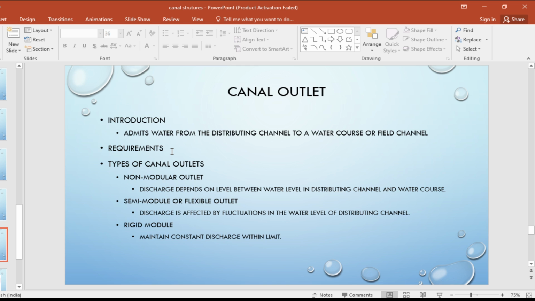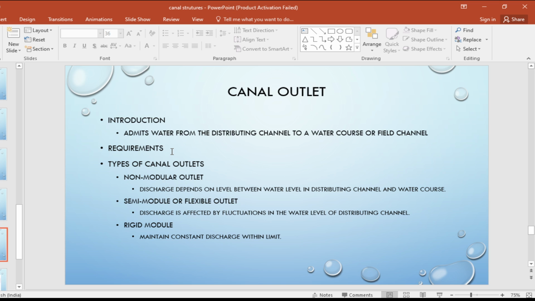Secondly, the outlet should be so designed that the farmer cannot tamper with its functioning, and any interference from him should be easily detectable. The farmer should not tamper with outlet functioning, so it is designed in that way. Since a large number of outlets are fixed on the distributing channel, the most essential requirement is that it should be cheap, so that the farmer also can easily do the maintenance work.